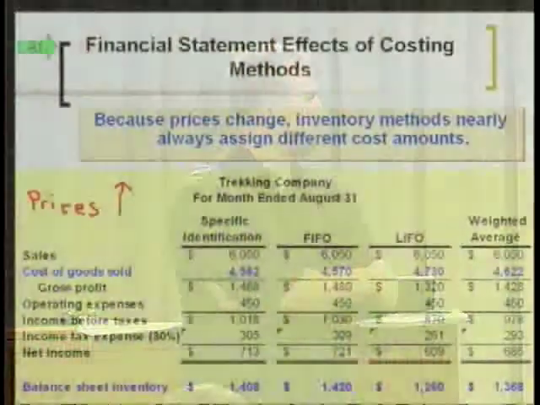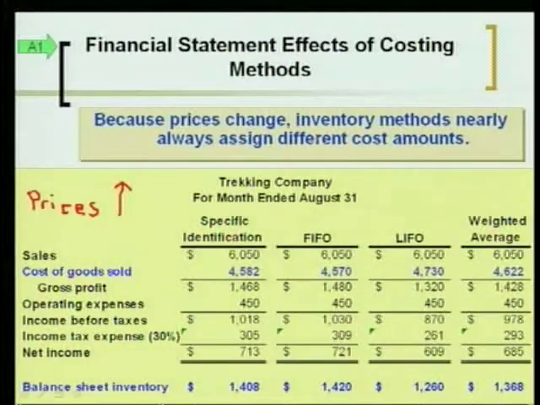Let me say that again. Let's go ahead and look at the screen again. Over time, for most companies, prices go up. When prices do go up, when it's an inflationary situation, LIFO will result in the lowest income tax expense. People don't like to pay taxes. If you use LIFO, you only have to pay $261.